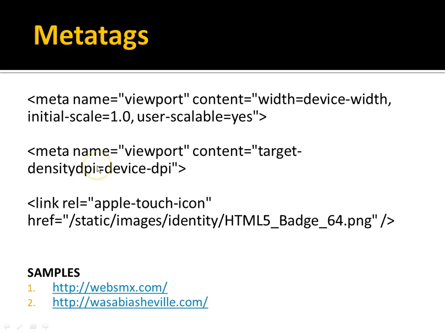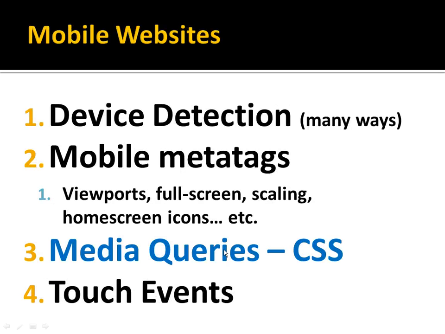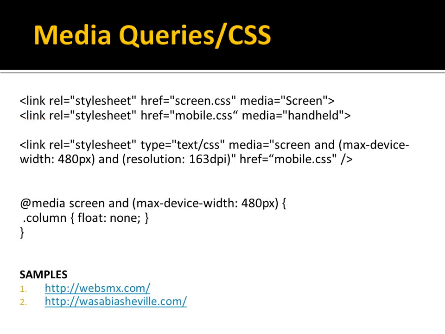This is helpful on iOS devices like the iPhone that has, I think, twice the DPI resolution on the screen than some of the others. And we can also use meta tags in order to create icons, like homepage icons with PNG files. So it's pretty cool.